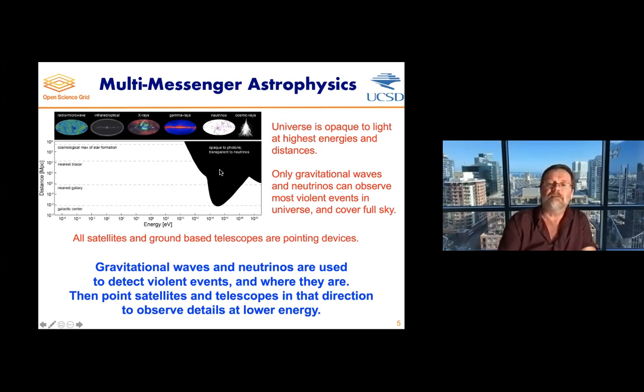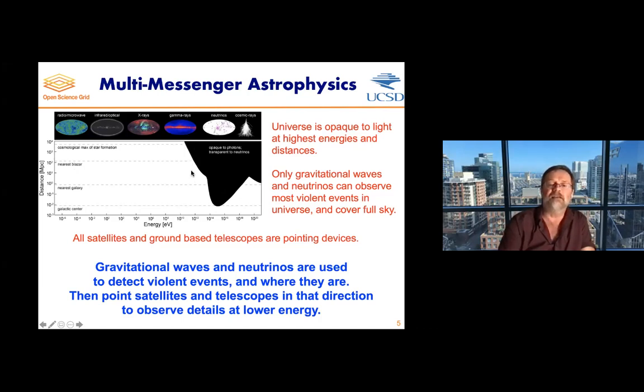And what you see is that there is an area all in black here where the universe is opaque. In other words, if you have photons above about 10 to the 11 eV, then they will not reach you if the distance is anywhere further than 10 to the minus 2 megaparsec or so.